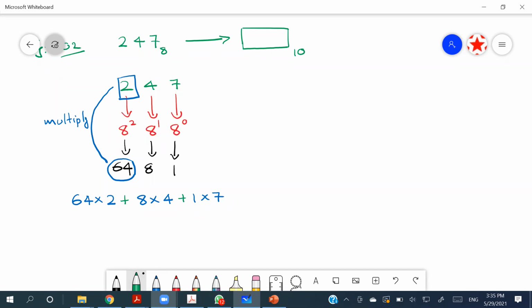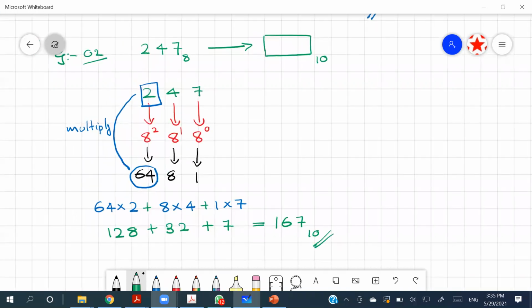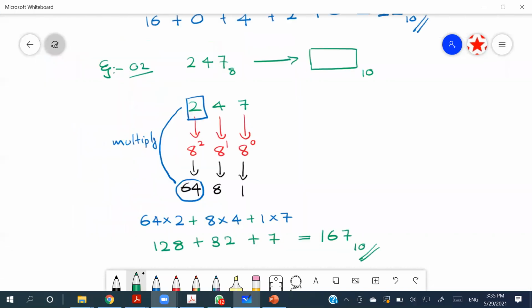So that gives you 128 plus 32 plus 7, which is going to give you 167. Am I right? 28, 30, 60, 67. Yes. That is going to be your decimal value. Okay. Quickly copy this down. Then after we'll go for a hexadecimal one.